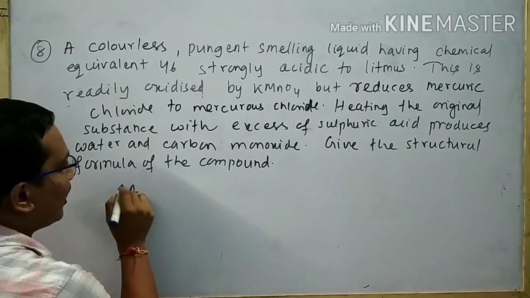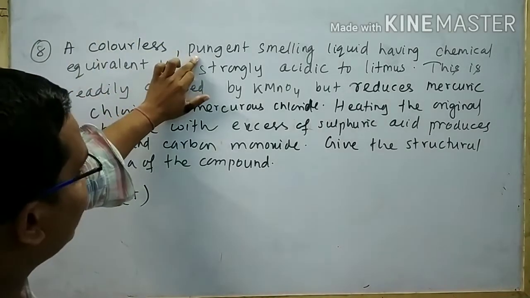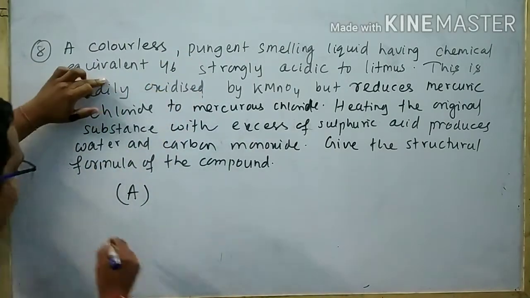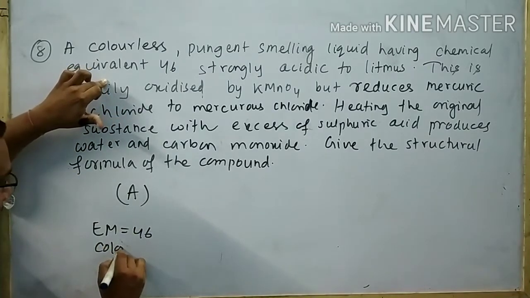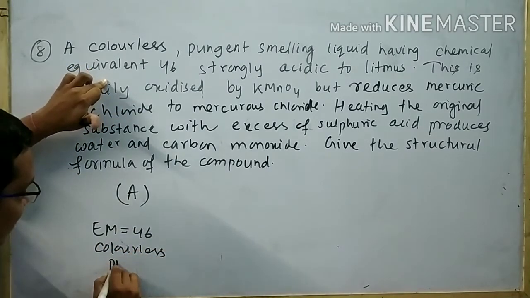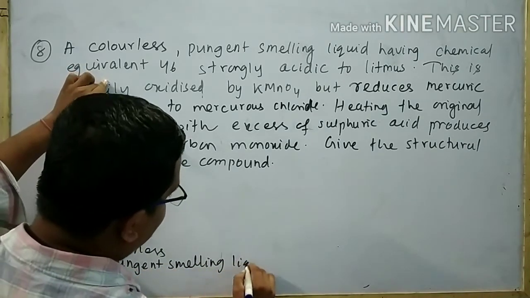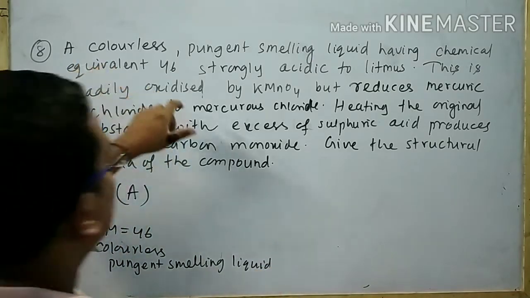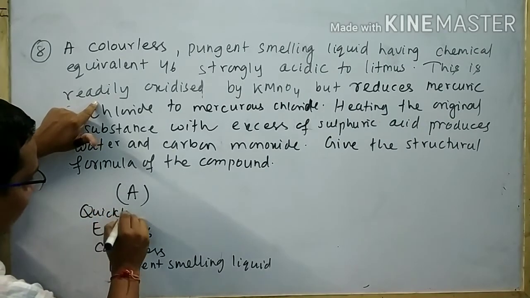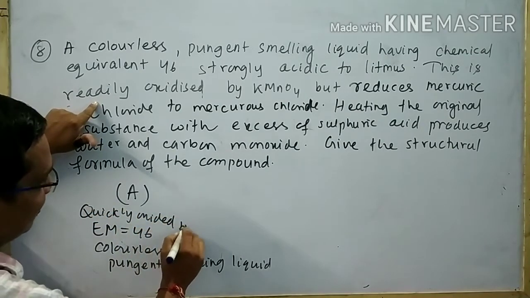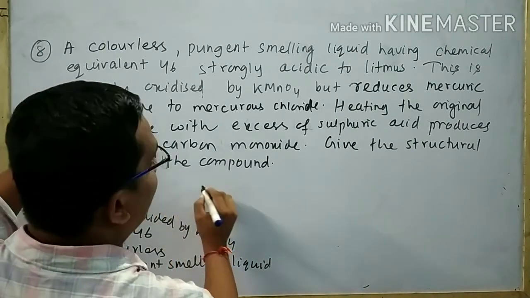Suppose the compound is A. A is a colorless, pungent smelling liquid with equivalent mass 46. It is readily oxidized by KMnO4 but reduces mercuric chloride.